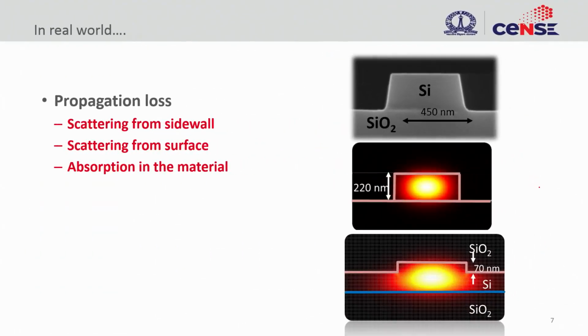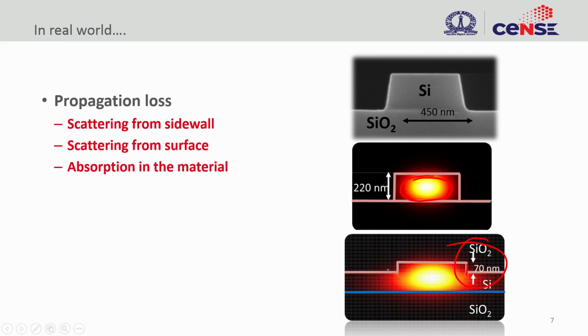As I mentioned, you can play with your waveguide structure in order to reduce loss. This is a fabricated structure that you see, a silicon wire waveguide, and when you look at the intensity, most of the light is sitting inside. Instead, you could have a shallow edge structure where only 70 nanometer is your edge depth.